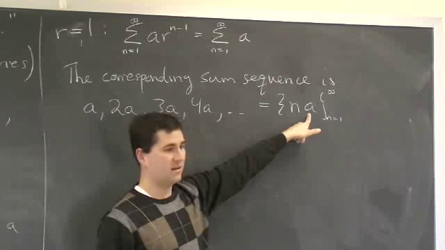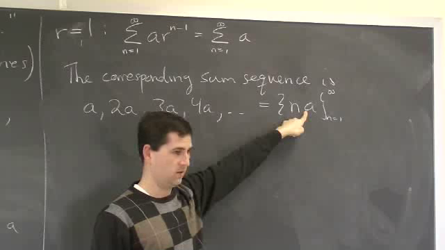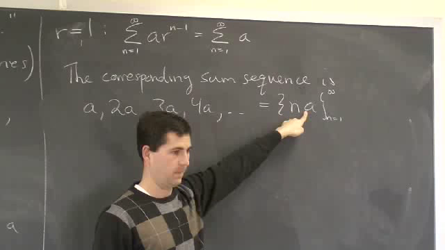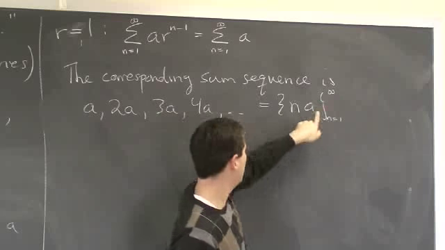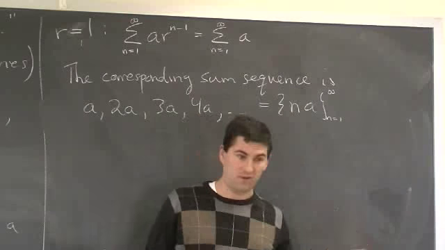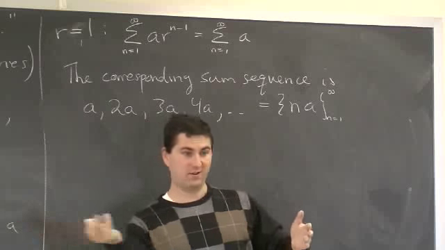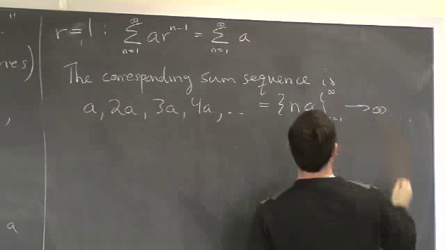So if a is non-zero, what happens to the sequence? It goes to infinity, because n is going up to infinity, and a is just some fixed number. Multiply any number other than 0 by numbers which get bigger and bigger, it's just going to keep getting bigger. So this goes to infinity.